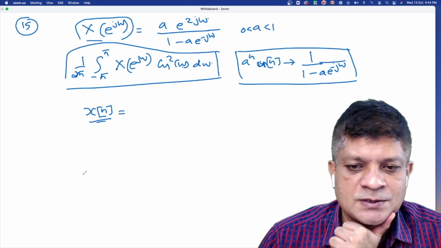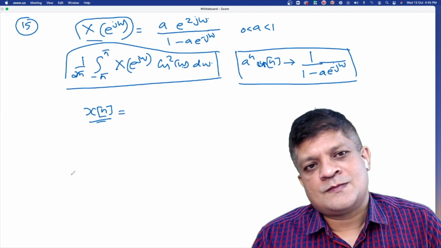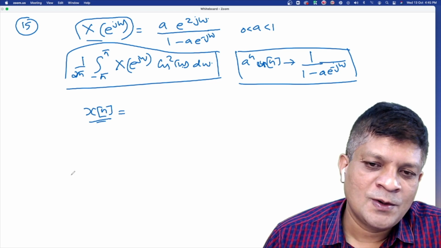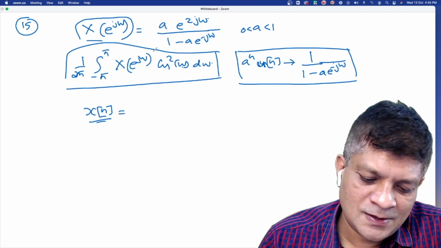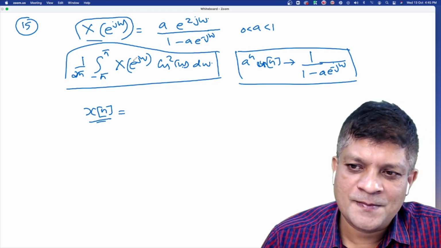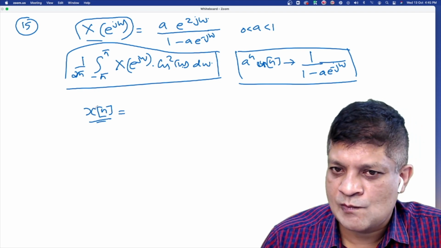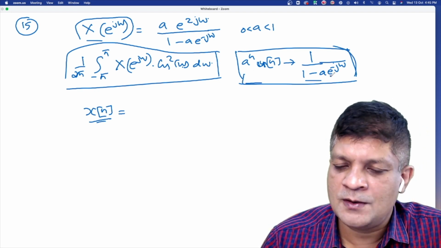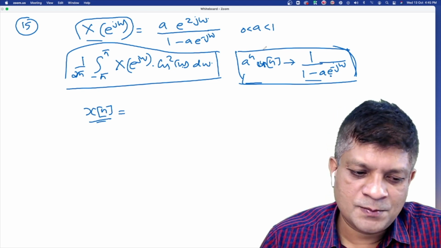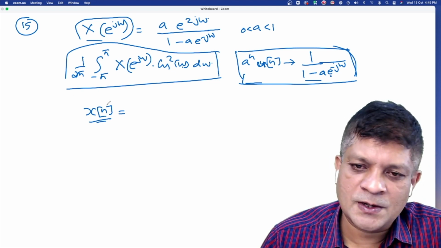What is the corresponding signal x of n? So what you are saying is, if you directly substitute this, will you get the answer easily? It's given that you have to use this Fourier transform pair and then the properties, isn't it? So first, let's see what is x of n here.